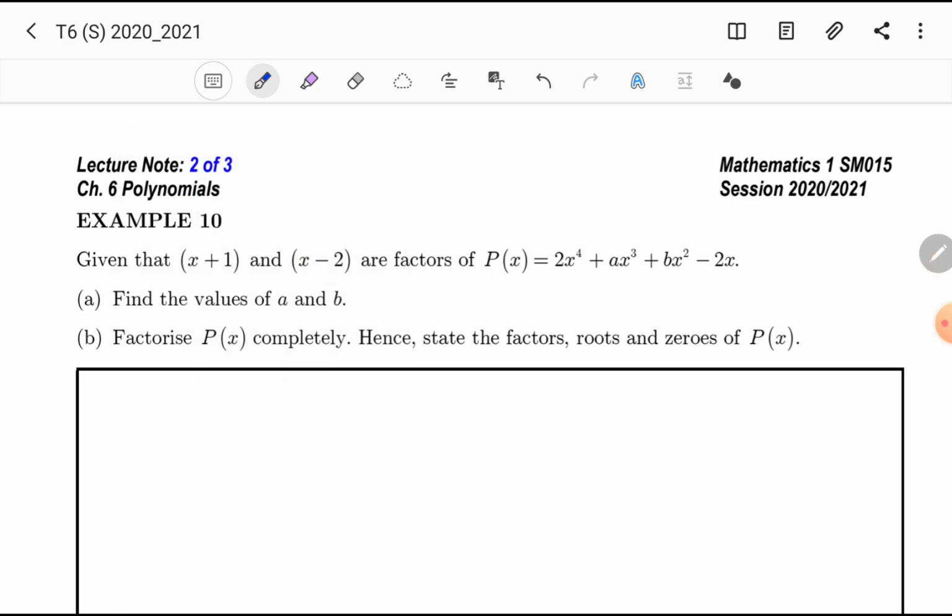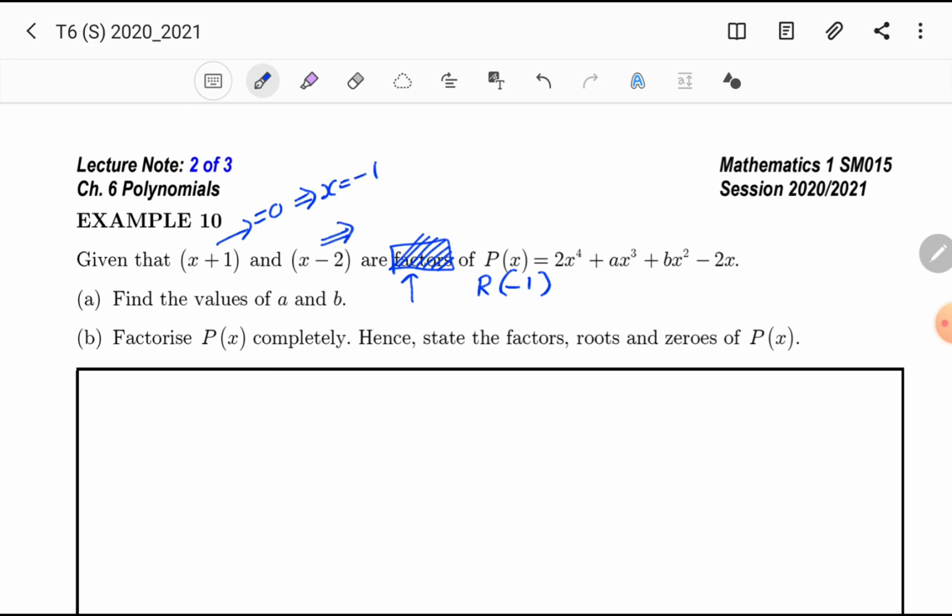Okay, example number 10. Given that x plus 1 and x minus 2 are factors of polynomial. So, the most important word here is factors. Ni, sangat penting. So, bila dia bagi tahu factors, meaning that remainder is 0. So, from here, we set equals 0. So, we will get x equals negative 1.